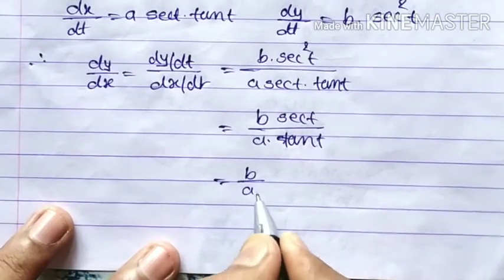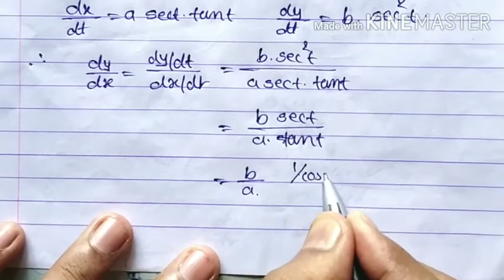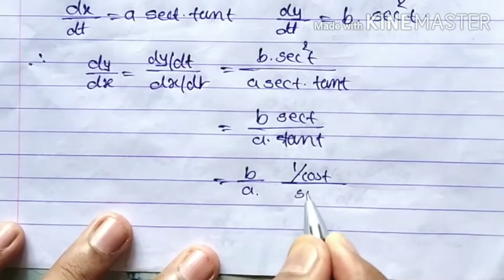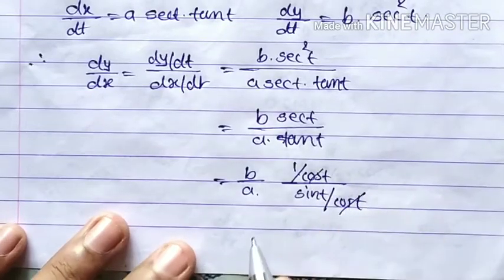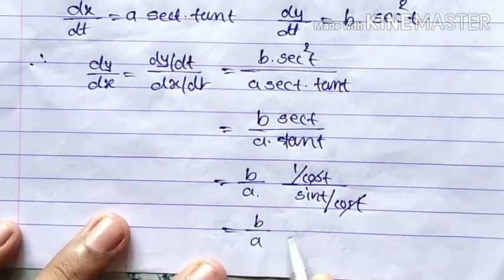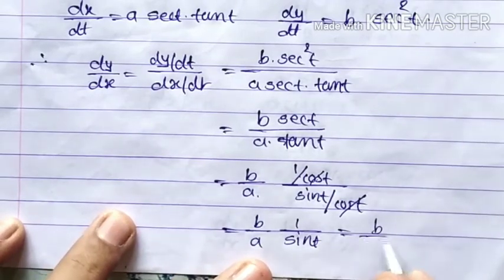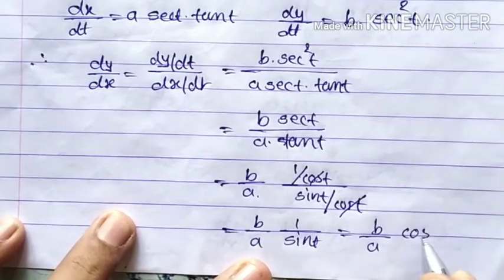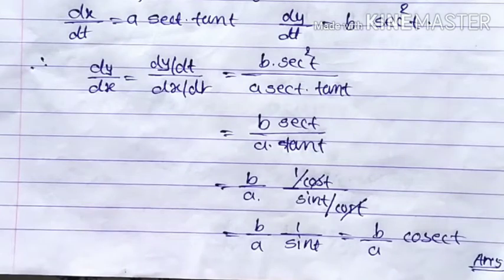Similarly, b by a we can take outside, and sec is 1 divided by cos of t, tan is sin divided by cos of t. When cos t is cancelled, b upon a, this is 1 upon sin of t remaining, and 1 by sin can be written as b upon a into cosec of t. So this is nothing but the answer of your question, that is the derivative of y with respect to x.